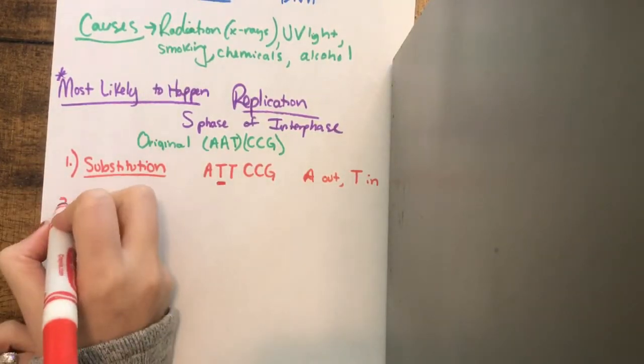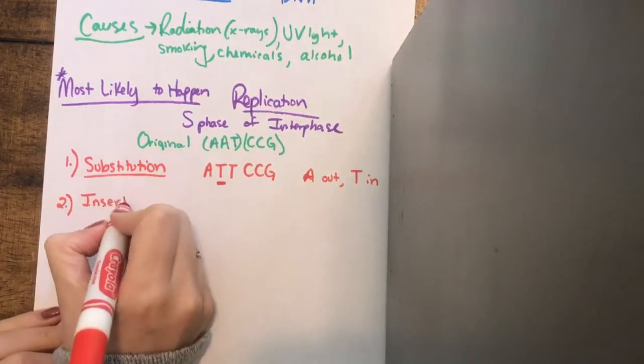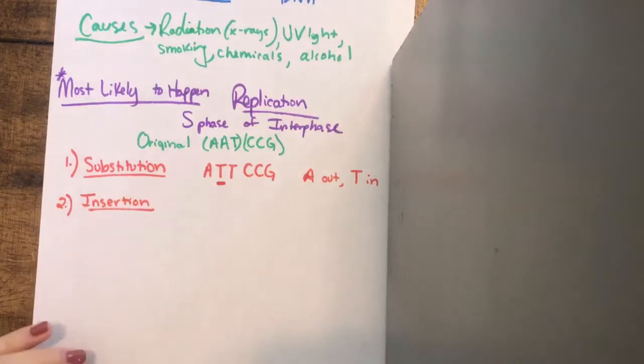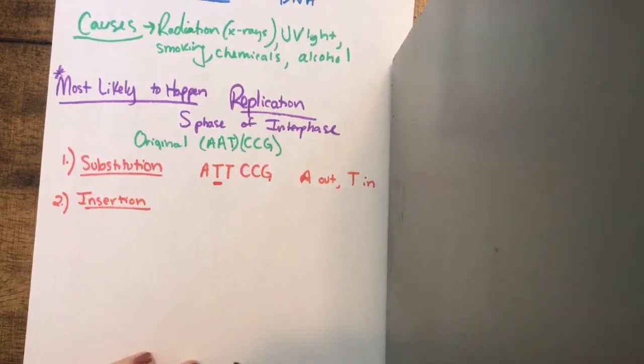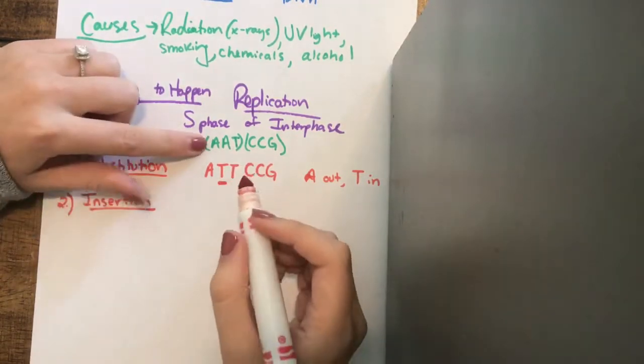All right, second example is insertion. Okay, and so that is just when you insert a letter. So one example would be if we inserted another A. So remember, we always look at our original strand.